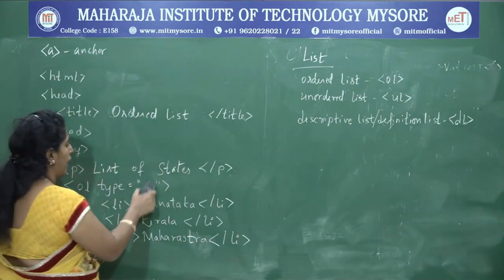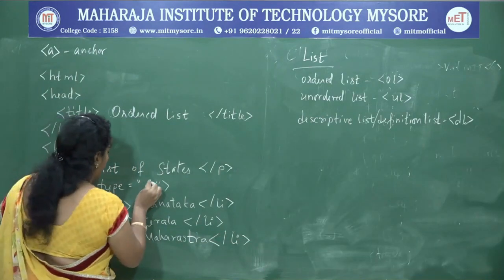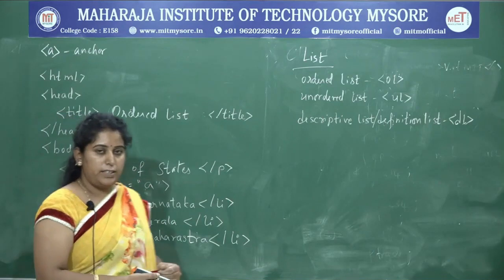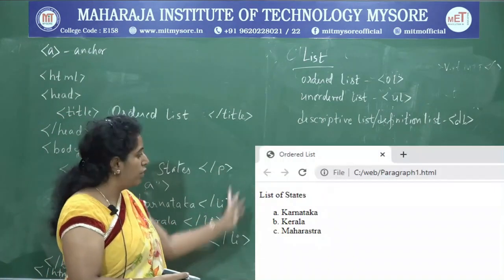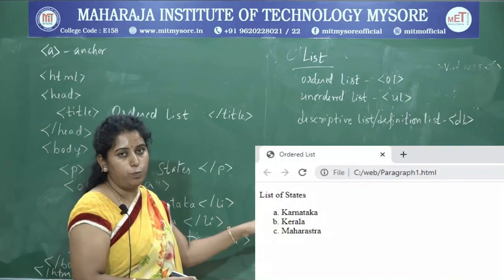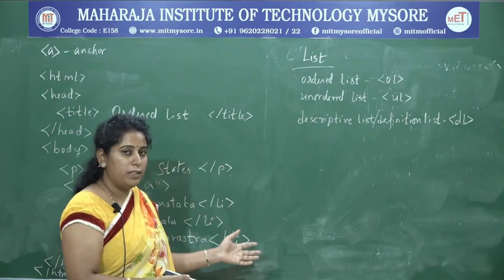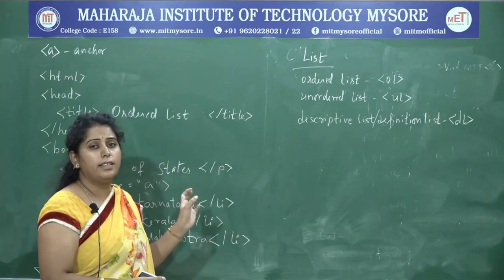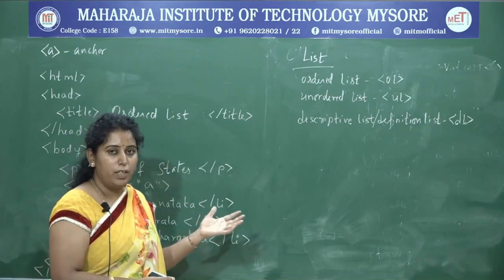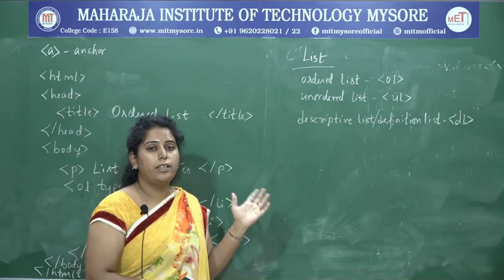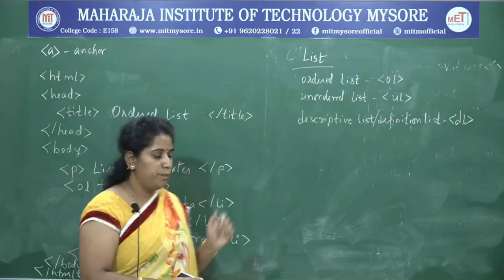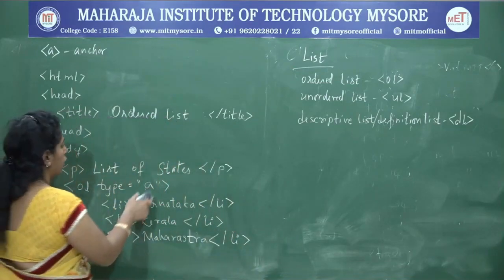Since I have used an uppercase A, in case I change it to lowercase a and run the program again, now you can see the difference in the output. It is working. So what you can notice is that the data in the list can be ordered in any way, either in alphabetical order or in numbers.